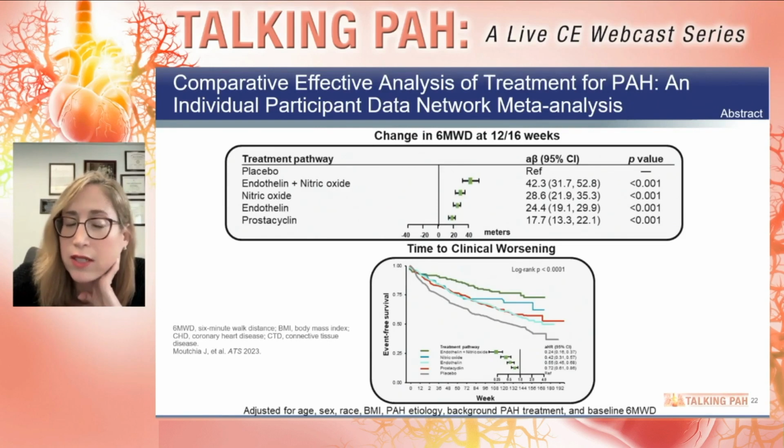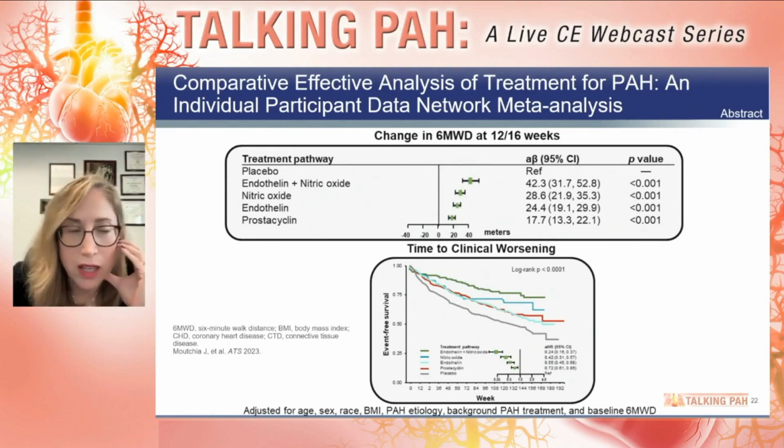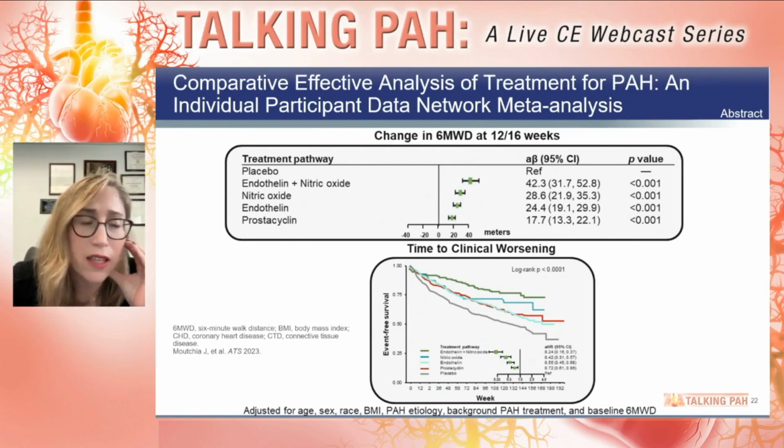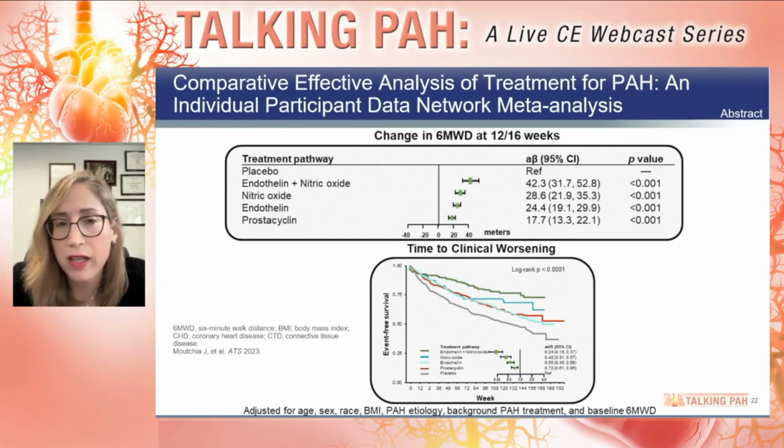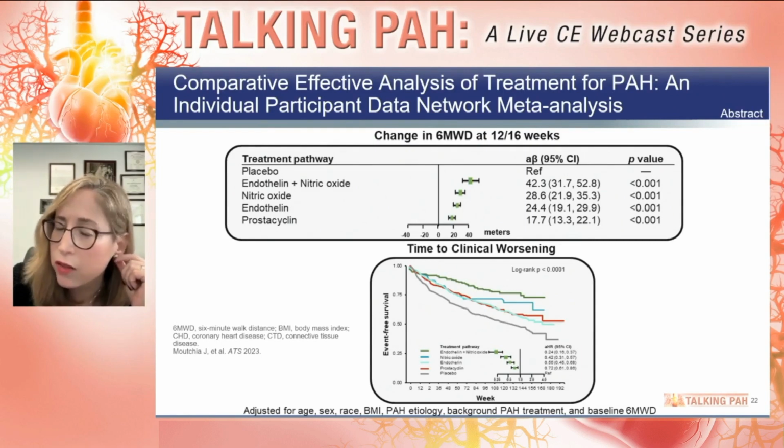This is an interesting study. It is done based on, I think, 18 studies that were submitted to the FDA, doing a meta-analysis of the individuals and looking at their different treatments to see how well patients did in their walk tests based on their treatment.